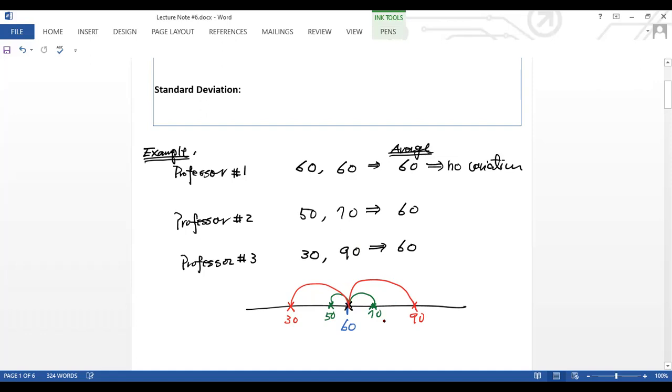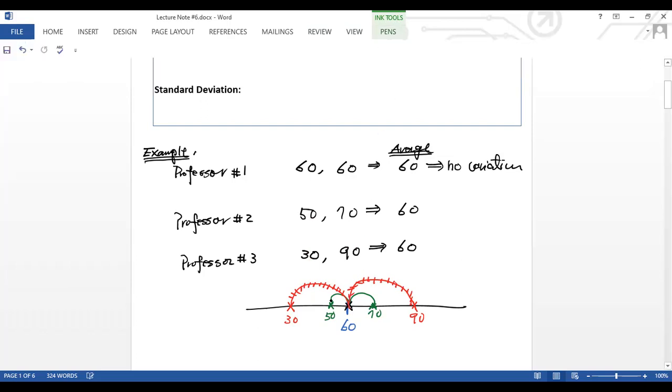That's what I try to assess, how much the differences are. For professor number three, the variation inside the data set is quite big.